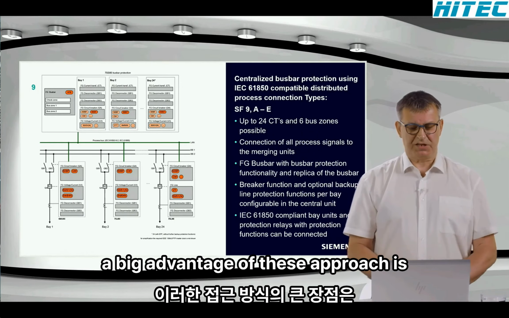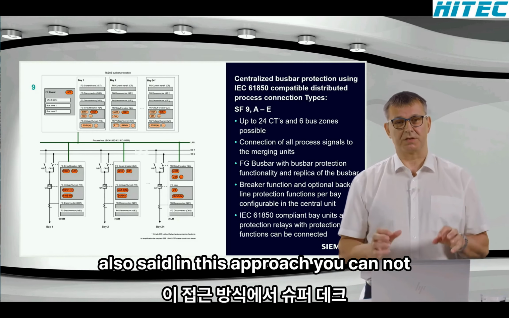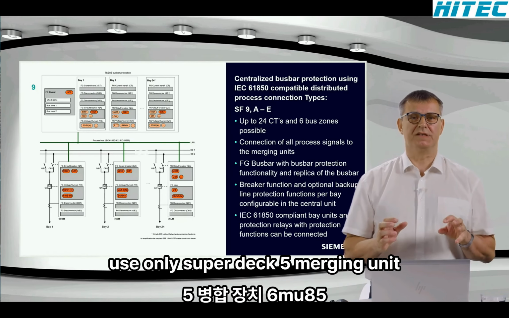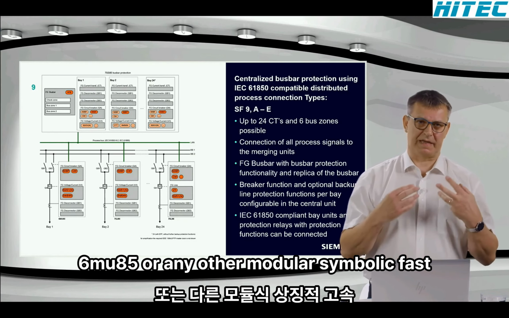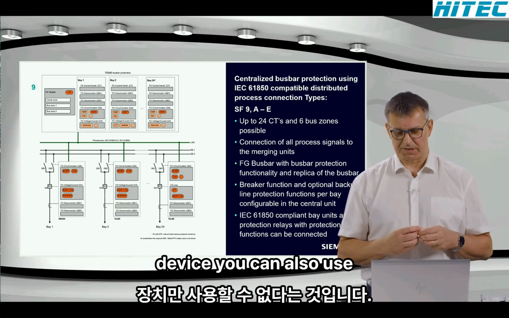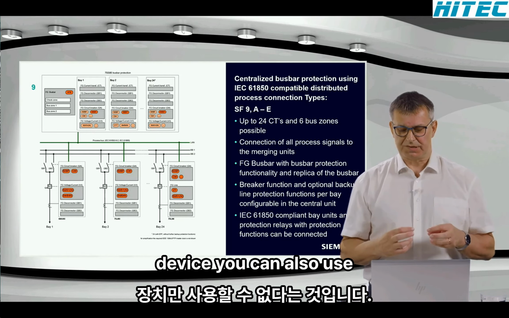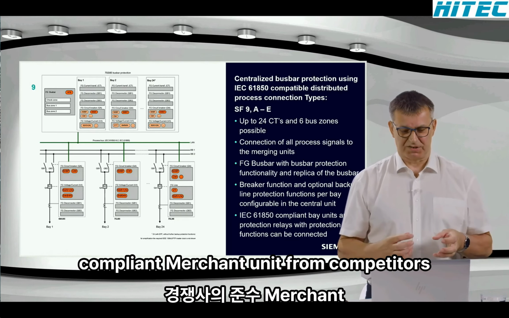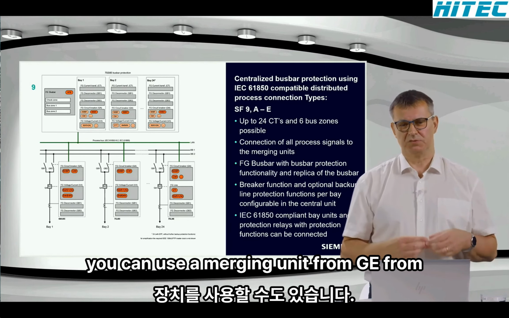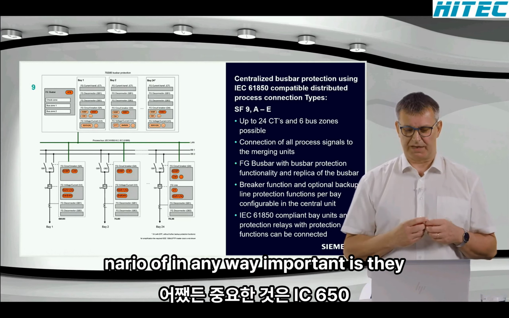A big advantage of this approach is that you cannot only use a SIPROTEC 5 merging unit, the 6MU85 or any other modular SIPROTEC 5 device. You can also use compliant merging units from competitors. You can use a merging unit from GE, from NARI, or from anyone else.